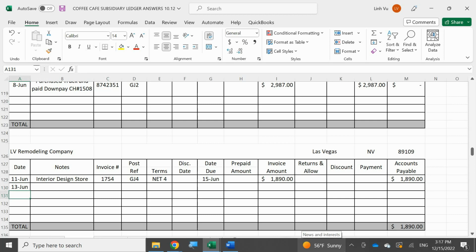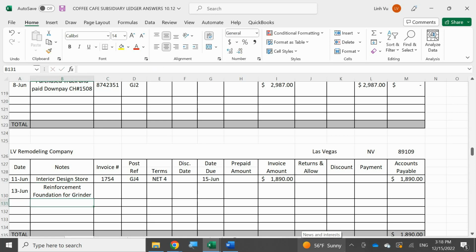Today is the 13th. We had reinforcement foundation for grinder done for 1760 invoice, general journal page 4. And we also got the same thing, net 4.